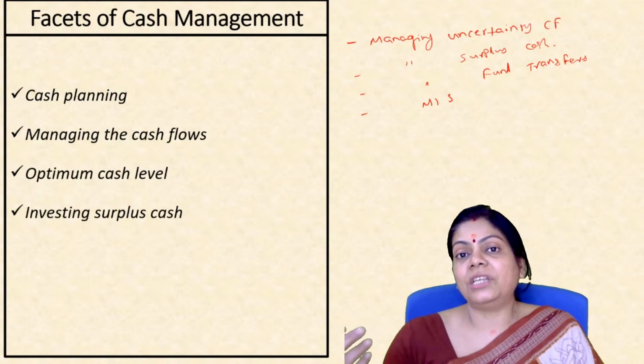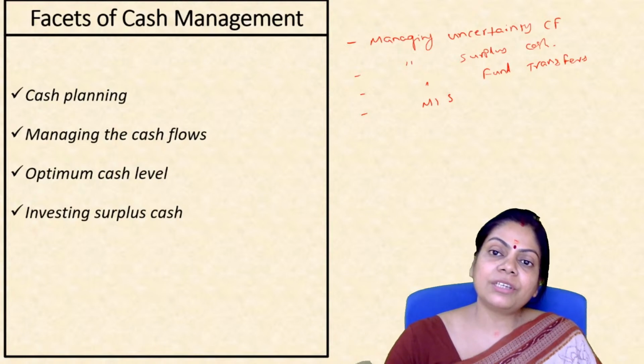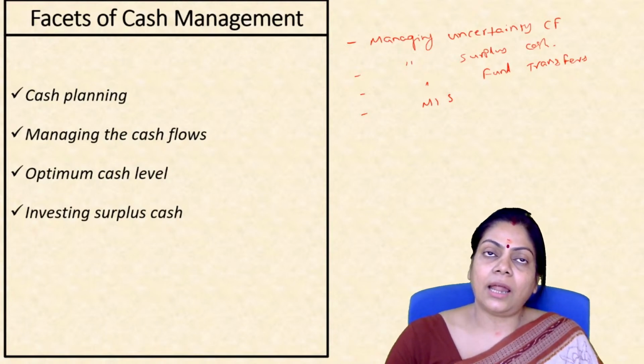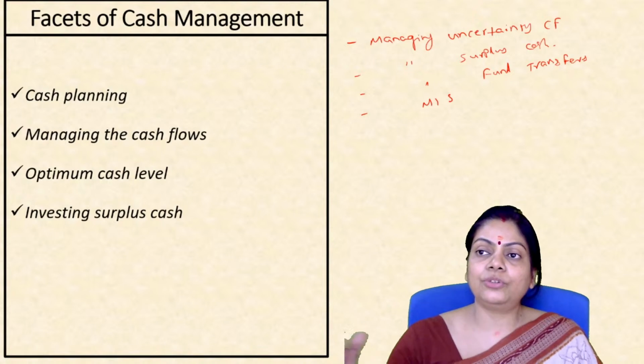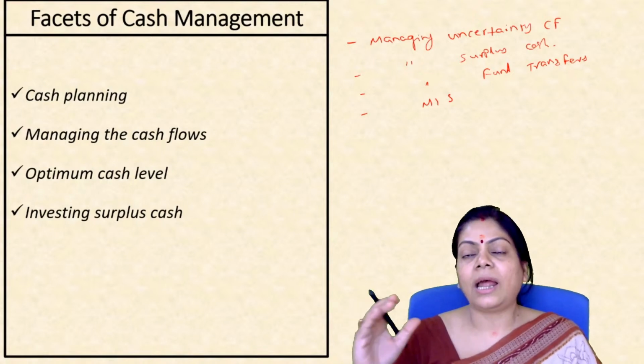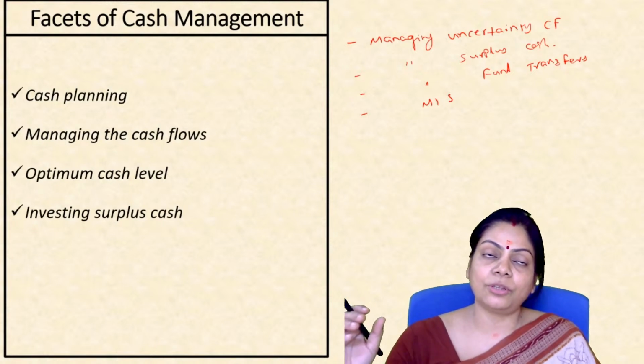Now, there are so many things I can do with a surplus cash. Number one, I know that for the next 3 months, June, July, August, I don't require this surplus cash. I will require it again in September.